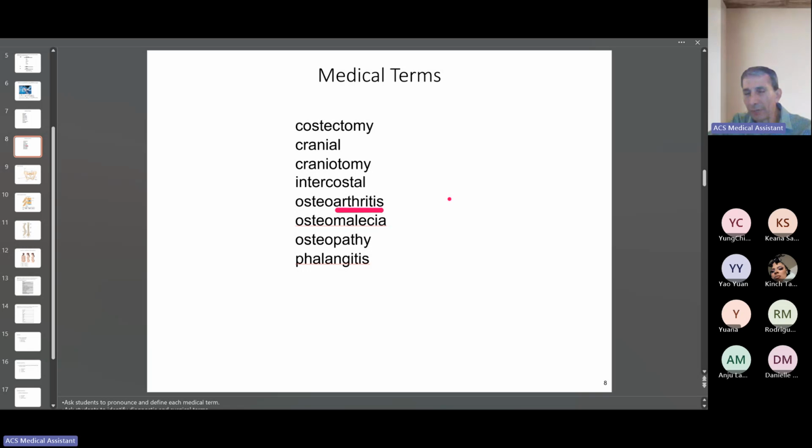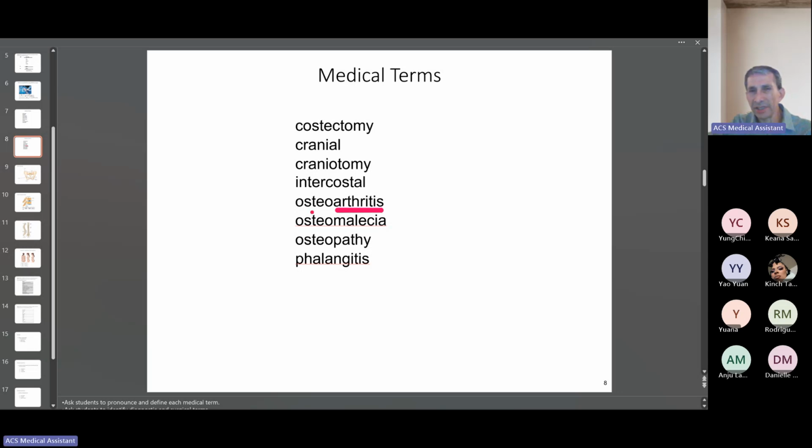But we can have osteoarthritis, we can have rheumatoid arthritis, you can have infectious arthritis, you can have gouty arthritis. So there are different types of arthritis depending on which structures are the ones that are damaged in between the joints.